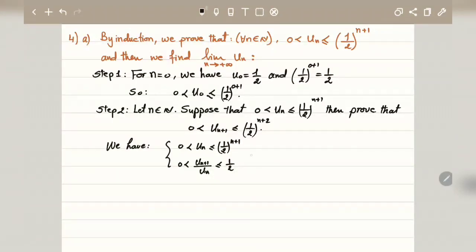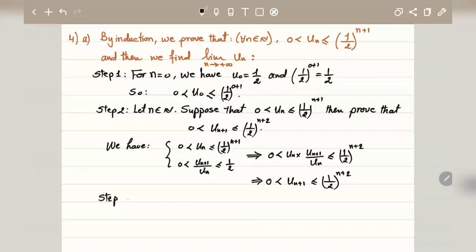If we multiply these two inequalities, we get 0 smaller than un times un plus 1 over un smaller than or equal to 1/2 power n plus 1 times 1/2, which is 1/2 power n plus 2, which means that 0 smaller than un plus 1 smaller than or equal to 1/2 power n plus 2. In step 3, we write the conclusion.